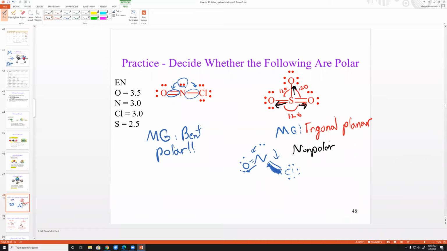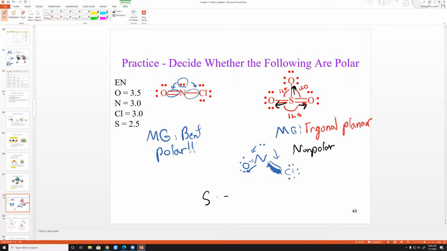Now, some of you may be thinking, doesn't that kind of go against what I just said about bond length being a factor? It is a factor, but in this case, it's going to be very small because all the atoms are the same.